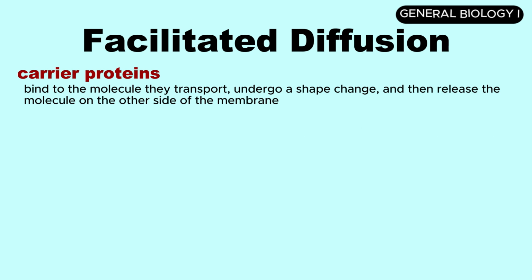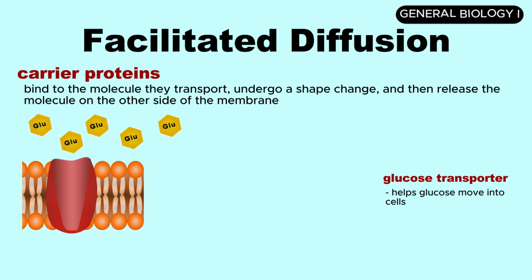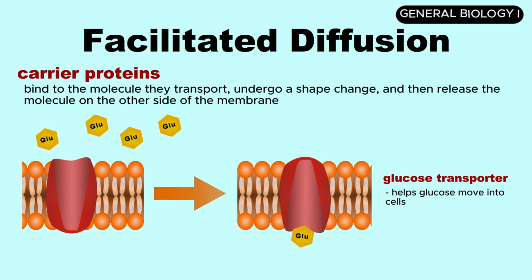A common example is the glucose transporter, which helps glucose move into cells. Since glucose is too large and polar to cross the lipid bilayer on its own, it relies on carrier proteins to enter cells through facilitated diffusion.